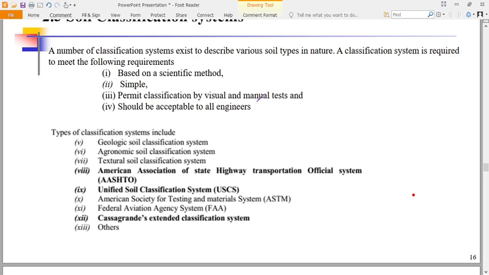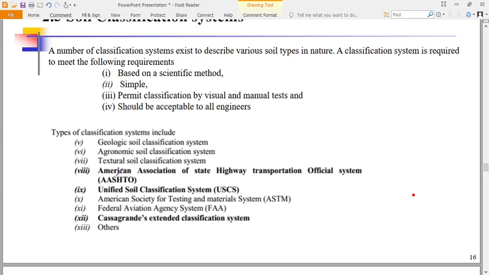If you can mold that soil, you can tell whether it is coarse, fine-grained, or fine-grained with some clay minerals in it, and it should be acceptable to all engineers.